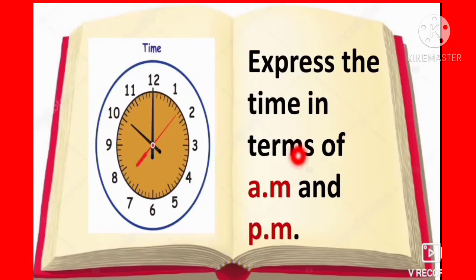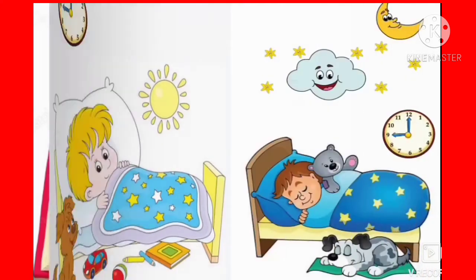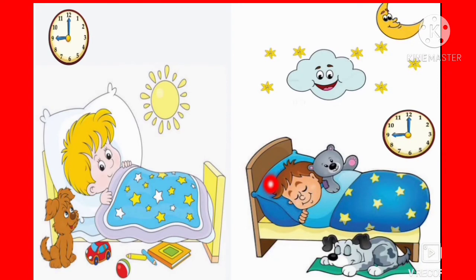Express the time in terms of AM and PM. Children, see the 2 pictures. In the pictures, both the clocks show 9 o'clock. But in the first picture, the boy wakes up because it is morning, while in the next picture, the boy sleeps because it is night.